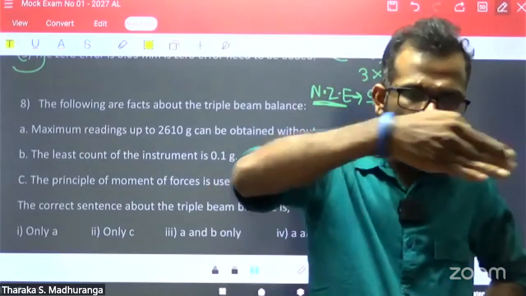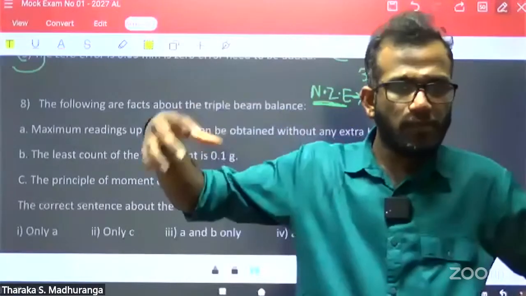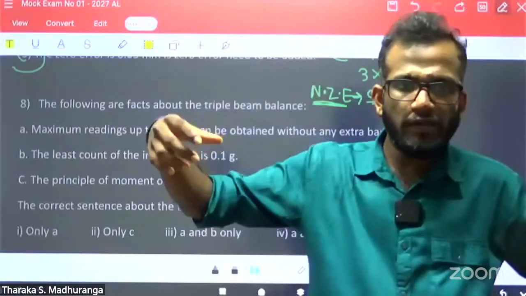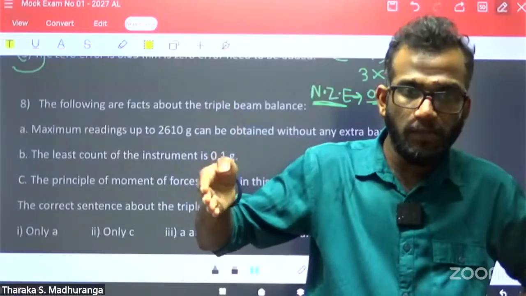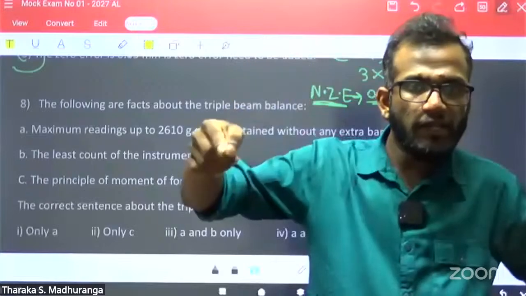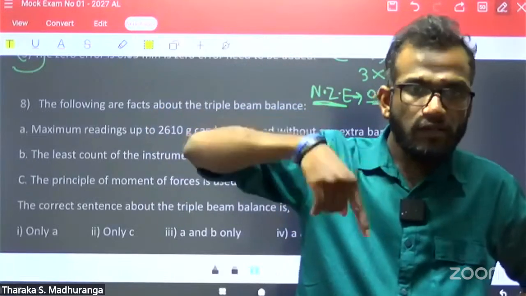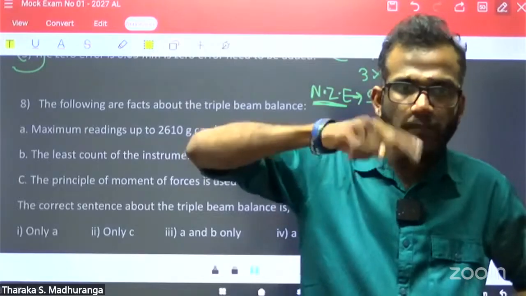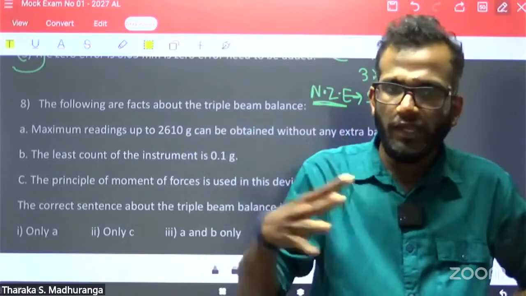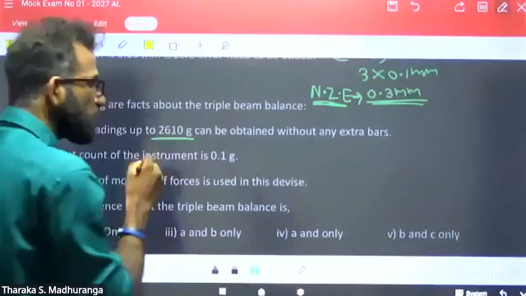I told you the middle one is the maximum, going 100 by 100, so the maximum is 500 on the middle one. The final one goes 10 by 10, up to 100. The nearest one, the third one, goes 1 by 1, up to 10. Then without any extra bar it is 610, not 2610.